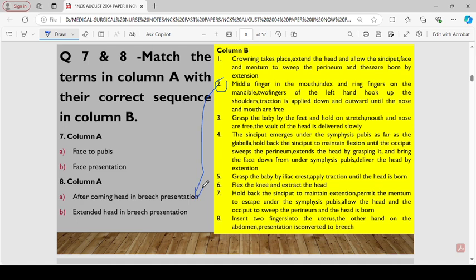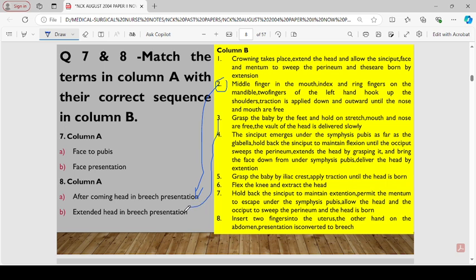When you go to number 3, that is grasping the baby by the feet and holding on stretch, mouth and nose are free, the vault of the head is delivered slowly. So this is 8B, head in breech presentation. Here then is related to this one.